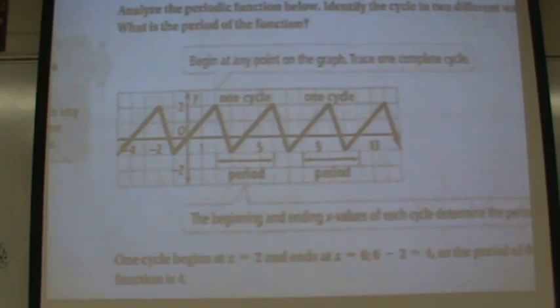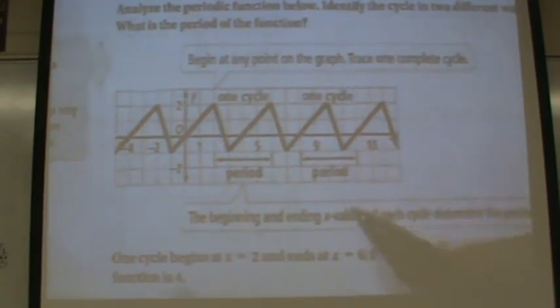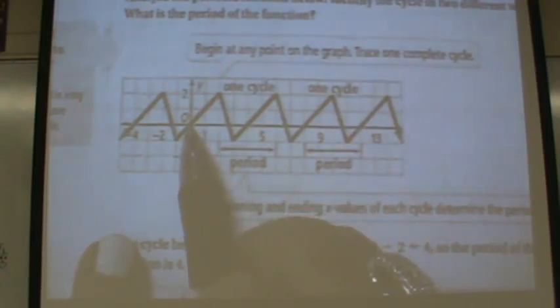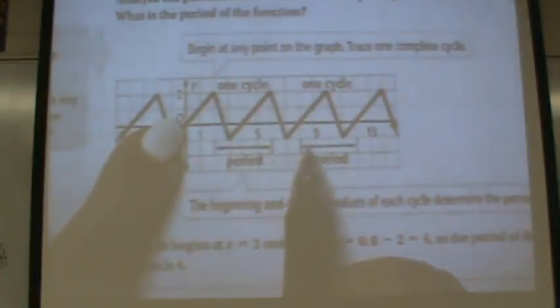So if you analyzed this periodic function here, if we started from this point right here, everyone see where my pen is? Travis, we're on the screen, right? Okay. I'm going to start right here at 0. Ignore what it says here.